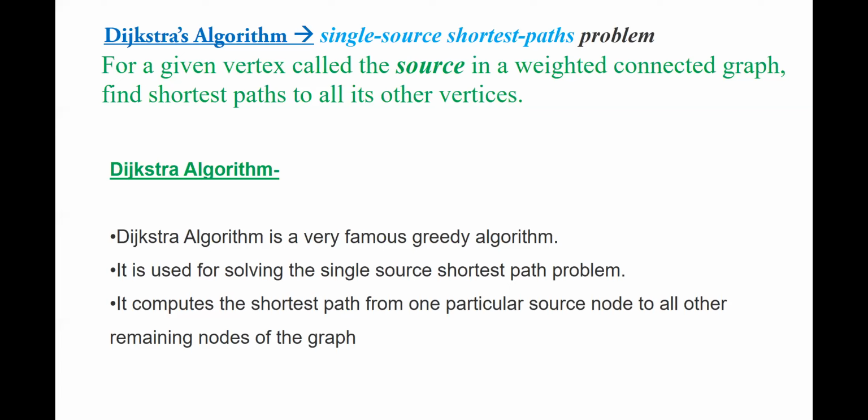It is one of the famous greedy algorithms. It follows the greedy method. As we already discussed, it computes the shortest path from one particular source node to all the other remaining nodes of the given graph.